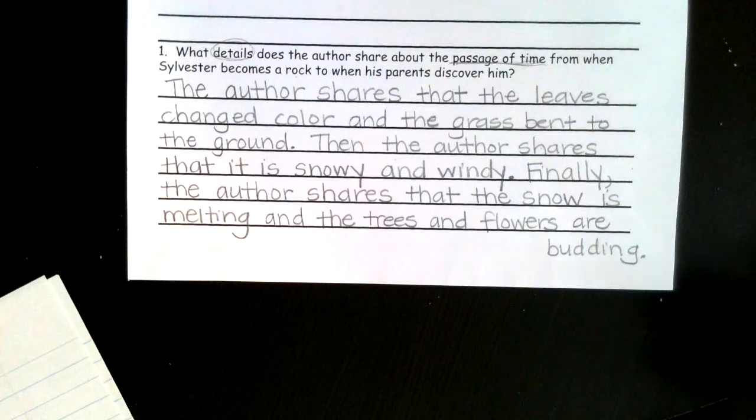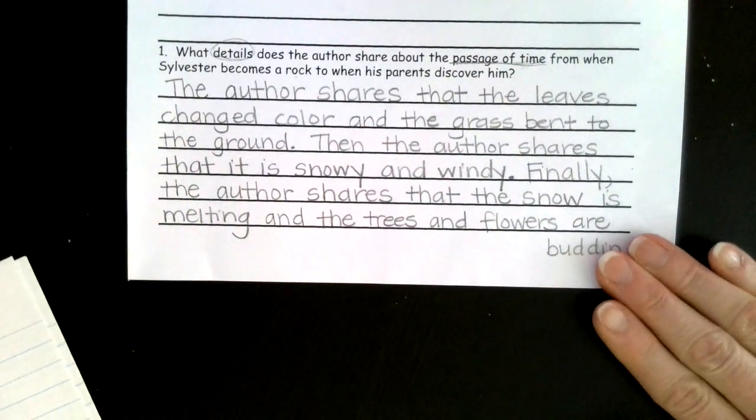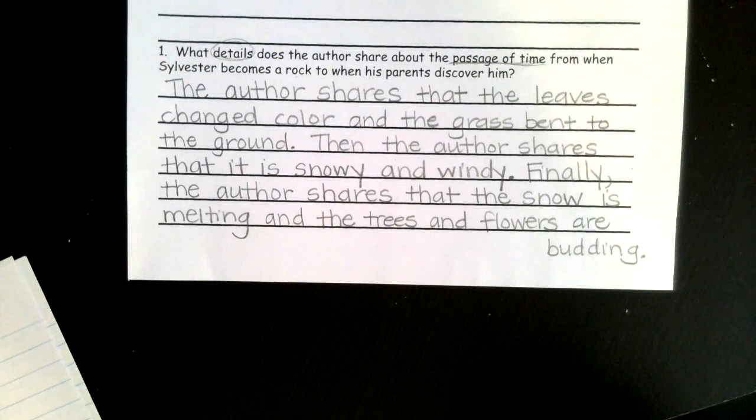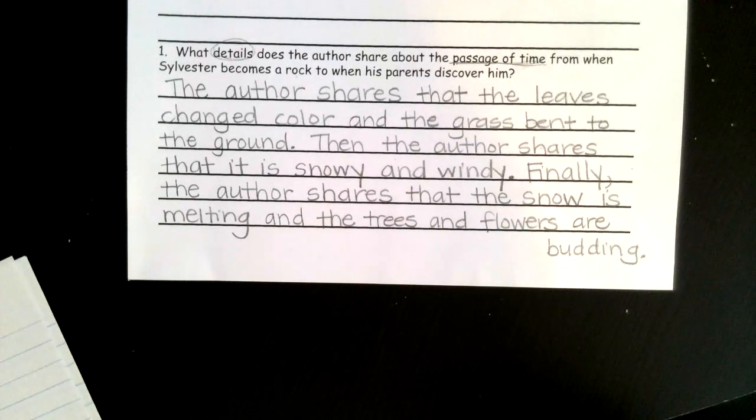Okay, good work. So you can take a second to get that copied down, hit pause if you need to. But we've got some really good details. The author shares that the leaves change color and the grass bent to the ground. Then the author shares that it is snowy and windy. Finally, the author shares that the snow is melting and the trees and flowers are budding.